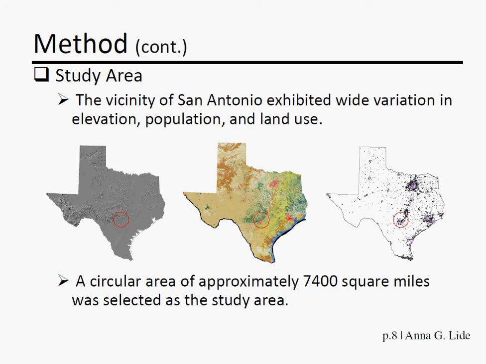The vicinity of San Antonio exhibited wide variation in elevation, population, and land use. A circular area of approximately 7,400 square miles was selected as the study area.